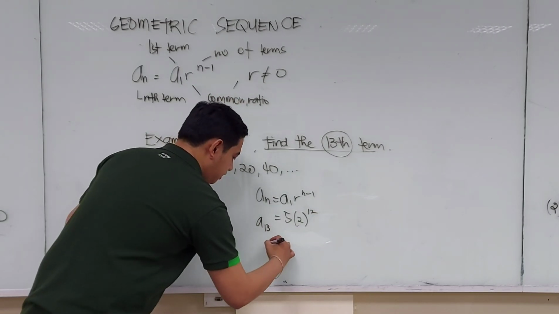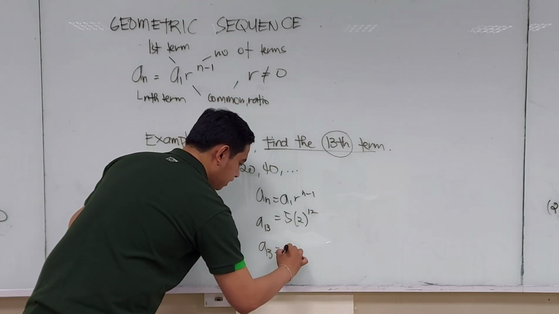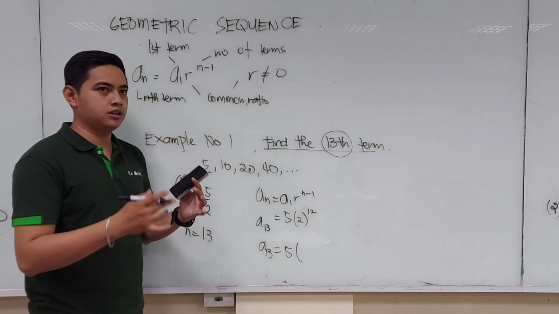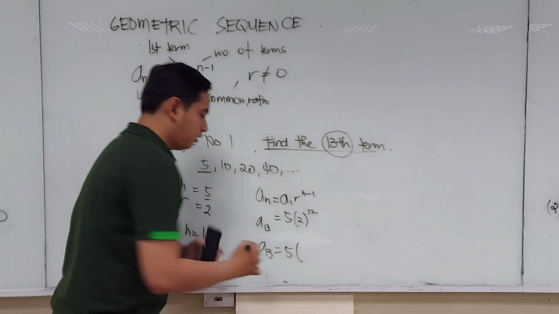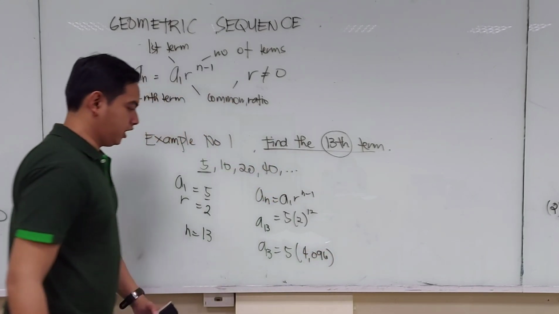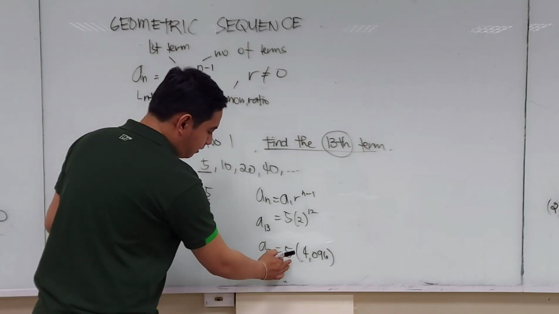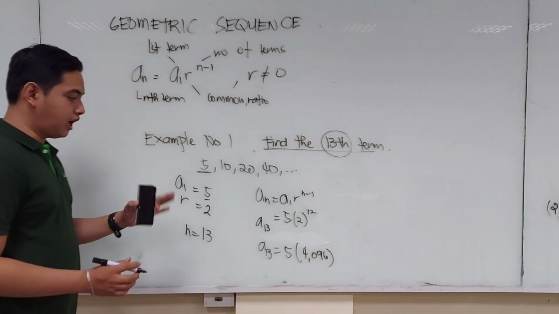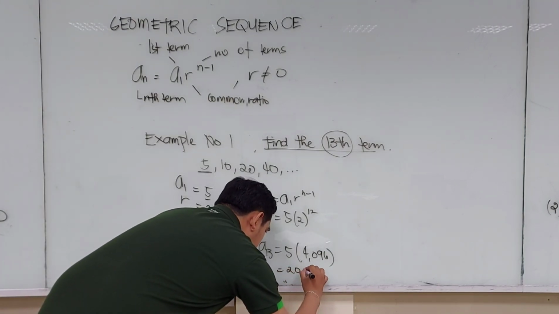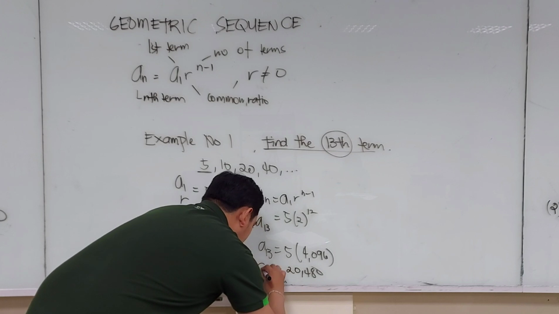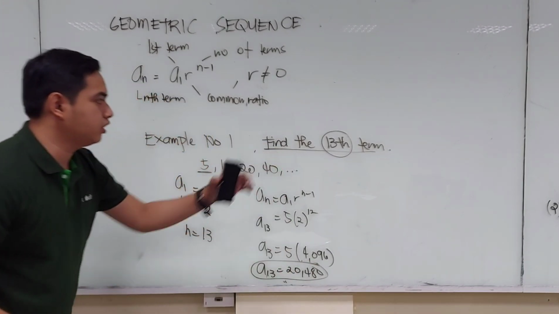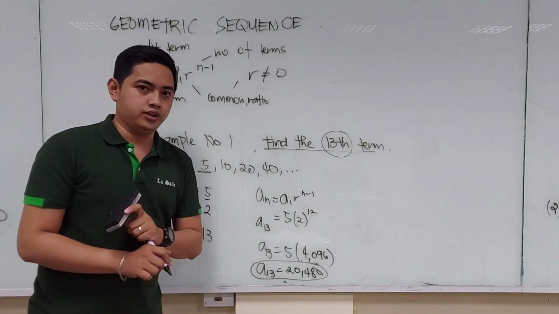Then a sub 13 is equal to 5 multiplied by 2 raised to 12, which is 4,096. Then 5 multiplied by 4,096 is 20,480. So that is our a sub 13, or the 13th term of this sequence.